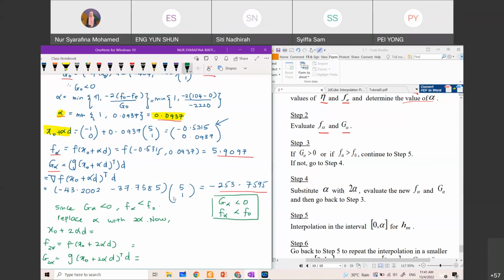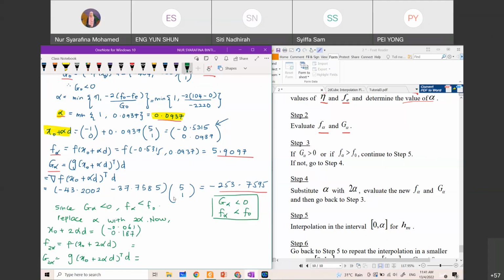Okay, so as x naught plus 2 alpha d, you have minus 0.061, 0.187.